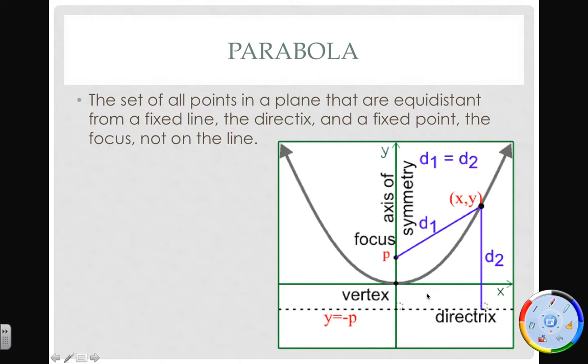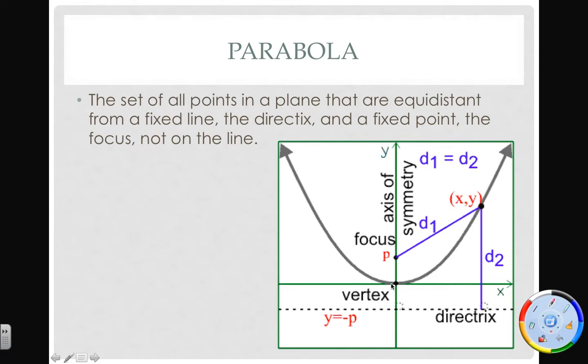It's an invisible line, it's not necessarily there, it's just a guide for the parabola. All points are equidistant from the directrix and a fixed point called the focus. So here's the focus, this is the p value, or the value of p. We use the letter p for various reasons that I don't know.